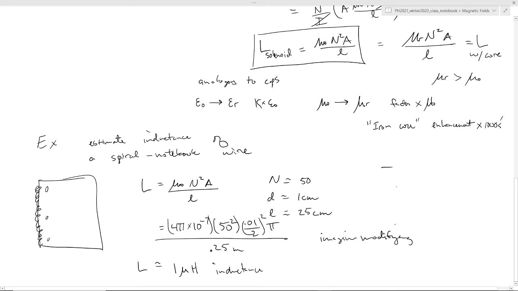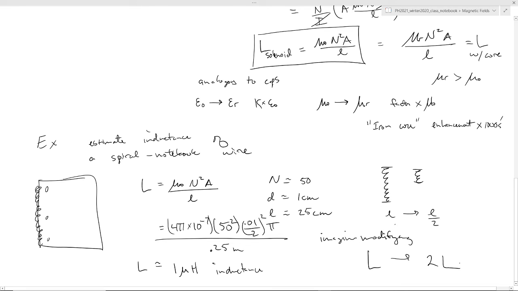So suppose instead of like that, you squish it together so that it occupies only half the length. That wouldn't change n, but it would change length, and so you would get a boost in inductance. If length goes to length over 2, then the inductance would go to 2 times the inductance.